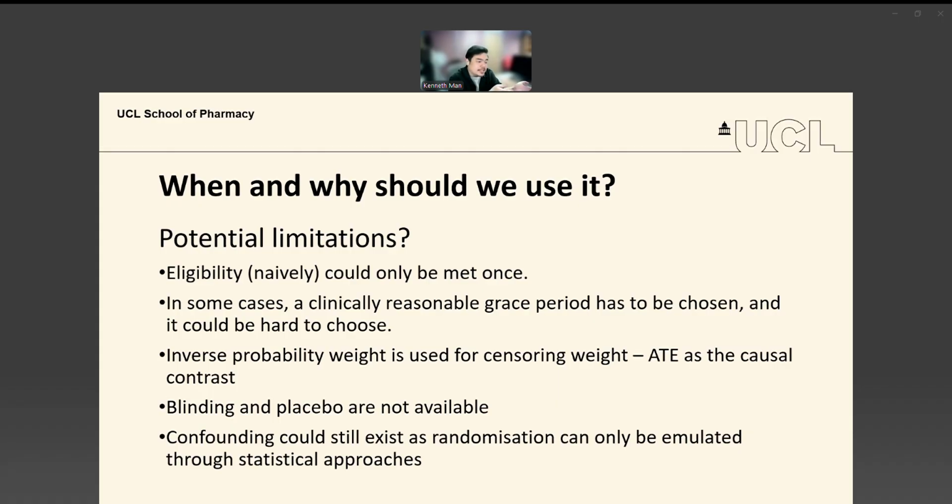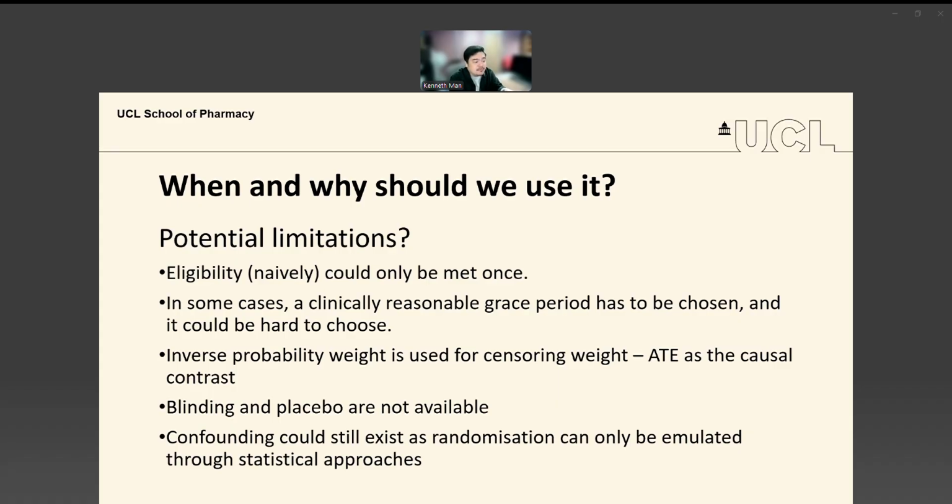In my previous example, there is a grace period of 180 days. According to the treatment guideline, the patient should receive the treatment within 180 days. But sometimes it's hard to choose when clinical guidelines are not that clear, or it's kind of arbitrary when the treatment should be assigned to the patients. So that could bring some challenges when applying the clone-censor-weight approach.